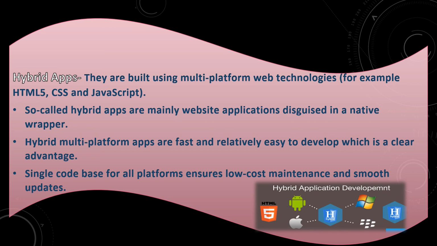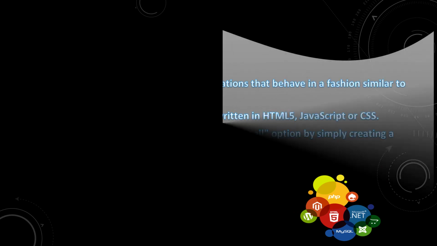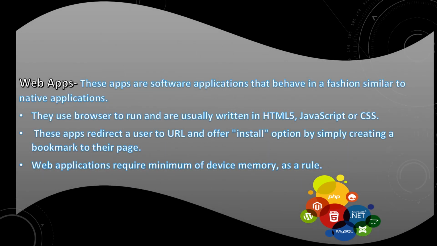Such apps have a single code base, that is, they are developed by a single code for all platforms, and so it helps in low cost maintenance and smooth updates. You should remember that such apps possess all the advantages and disadvantages of both native as well as web mobile applications.